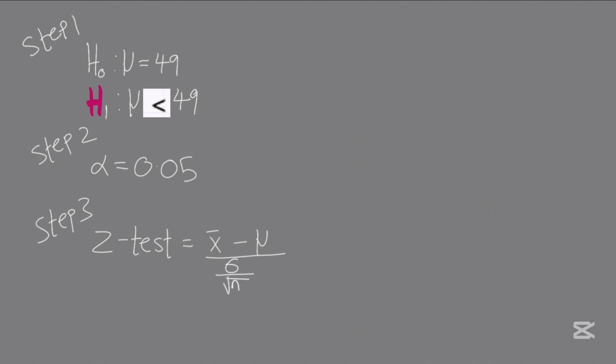Now from the question, our sample mean is given as 52, while our population mean is given as 49. Then divide it by your standard deviation. And from the question, we are given our population variance to be 100. So in order for you to get your standard deviation, remember that standard deviation is equal to the square root of variance.